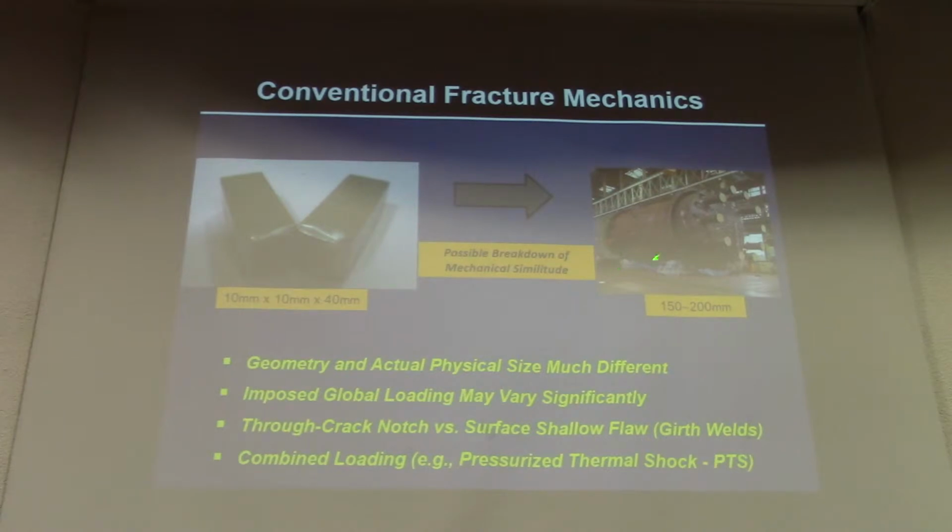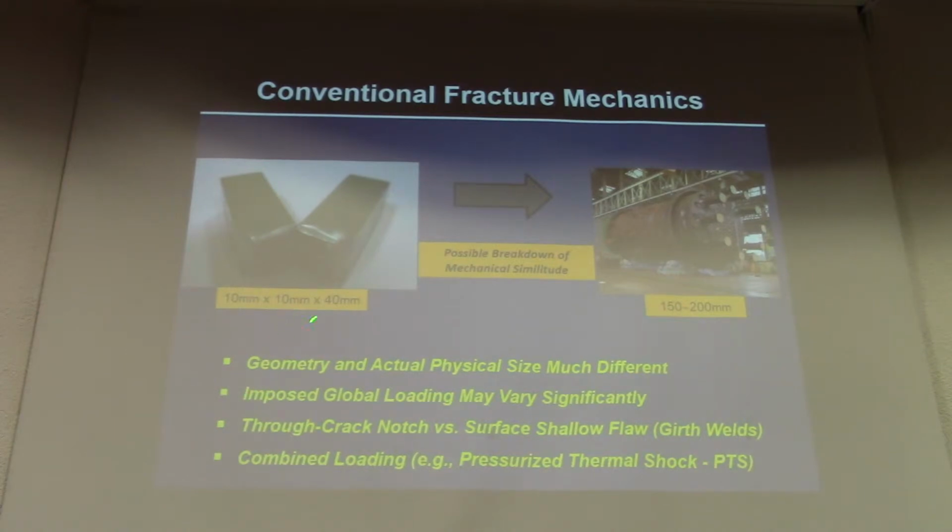And to assess the structural integrity over the service life, usually in surveillance programs, they encapsulate what we call pre-cracked Charpy specimens. So the geometry is very similar to a Charpy specimen, 10 by 10 by 40, but it's tested in 3-point bending. There is no V notch, but a fatigue pre-crack.